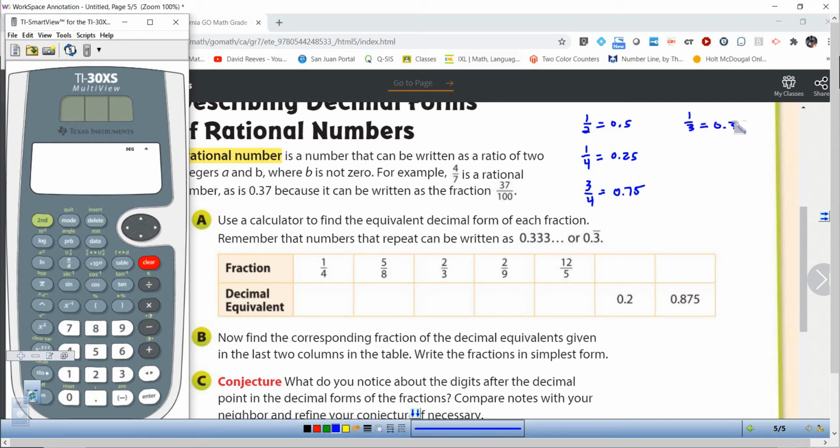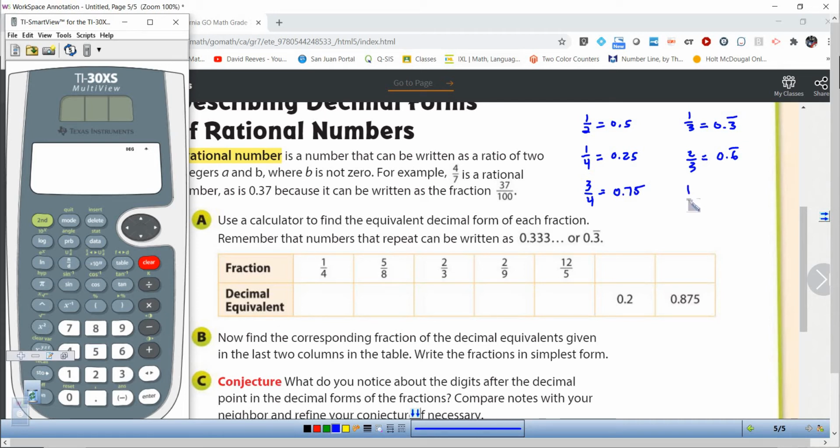That is an example of a repeating decimal. It's 0.33333 or 0.3 repeating. 2/3 is also a repeating decimal, 0.6666666, and so on.